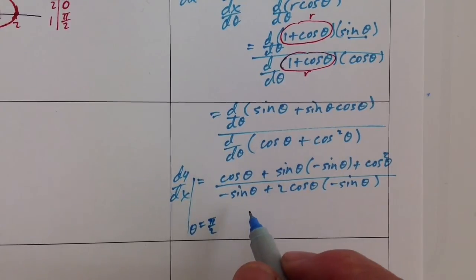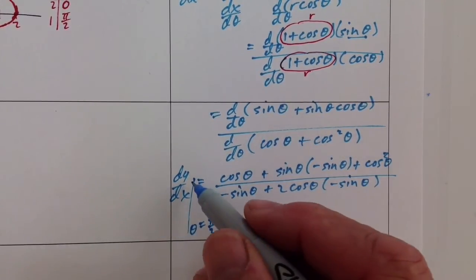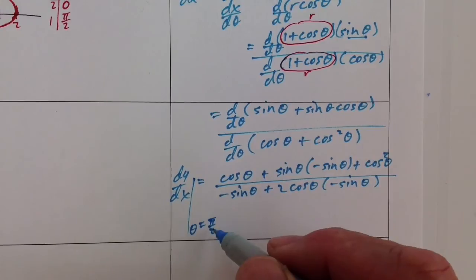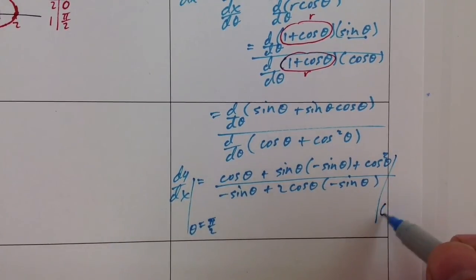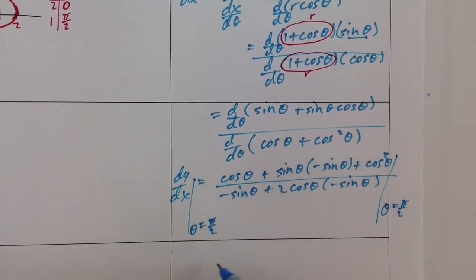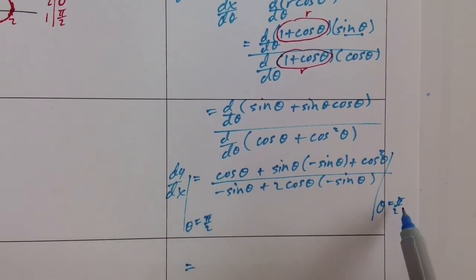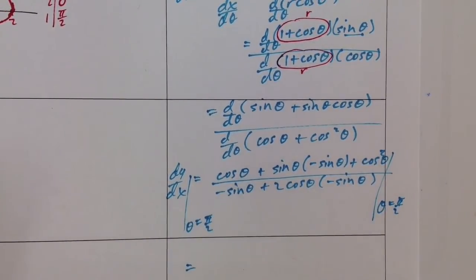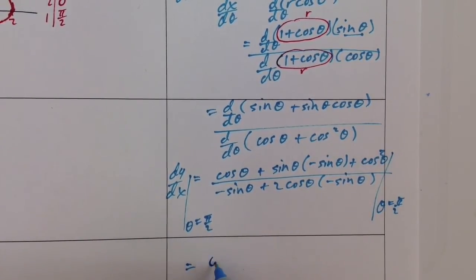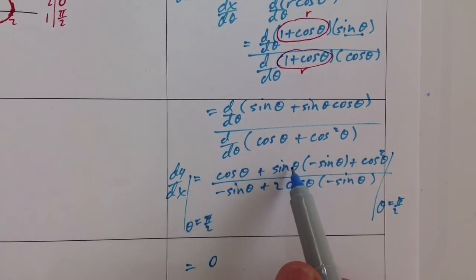Okay, so let's see. That's going to be dy dx at theta equals pi over 2, which is this stuff at theta equals pi over 2, which is equal to, now we're going to put pi over 2 in for every theta. Well, the cosine of pi over 2, that's going to go to 0. The sine of pi over 2 is 1 times negative 1.